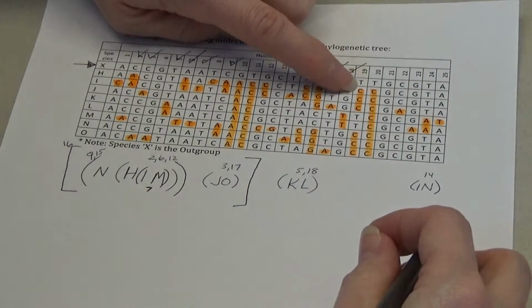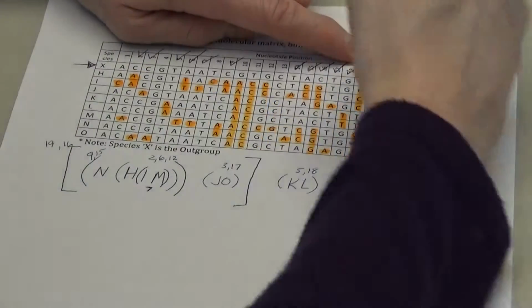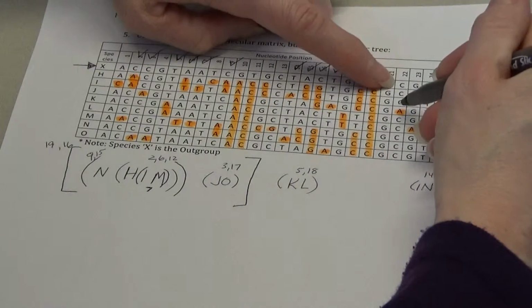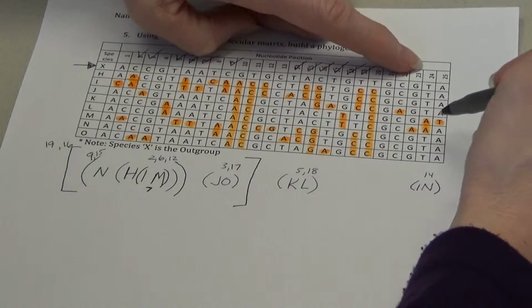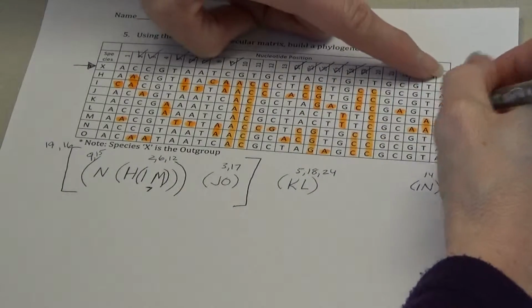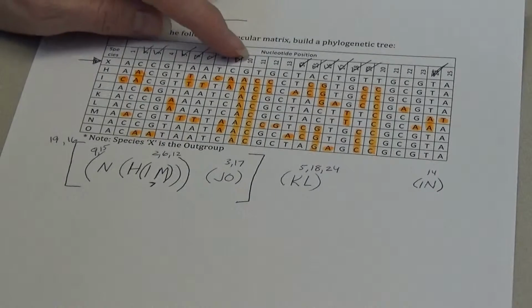Trait 19 puts H, I, J, M, N, and O, so just like 16. Alright. Trait 20 is everybody, so I'm going to come back to that. 21 is nobody, I'll come back to that. 22 is just J, uninformative. 23 is just L, uninformative. 24 is K and L, so right here. Okay. 25, uninformative. So let's go back and look at 10 and 11.